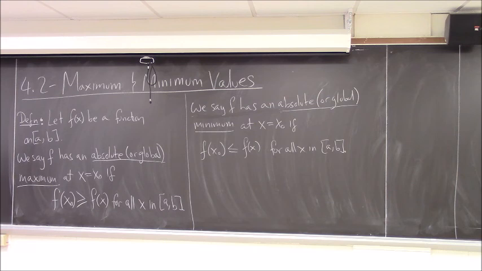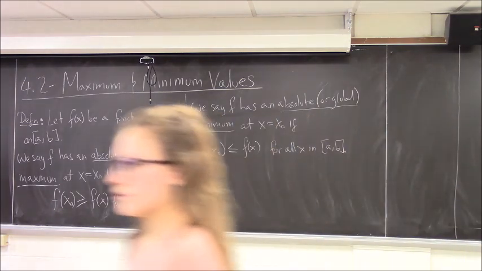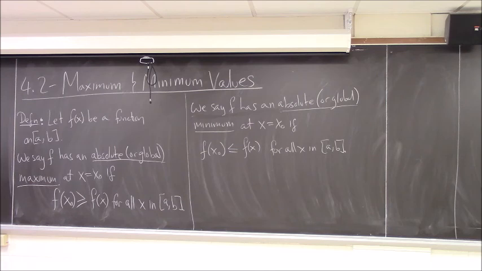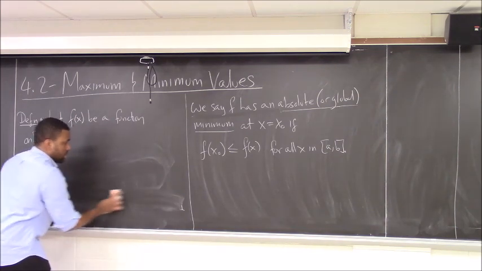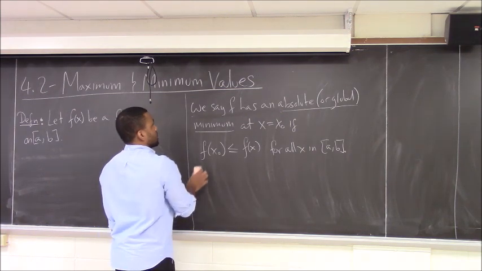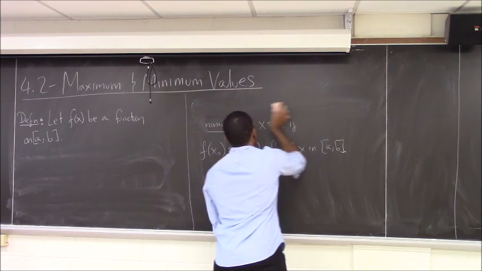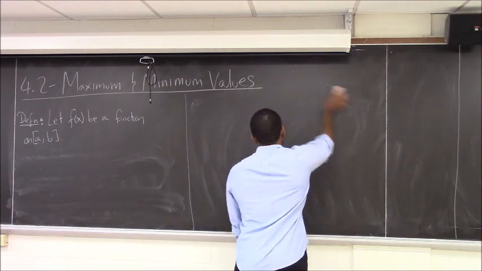You write those down. So again, a set of two similar definitions. That's one type of maximum minimum. I'm going to describe the other type.